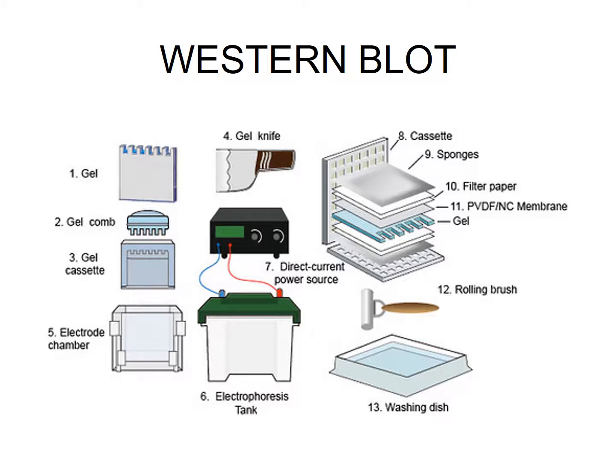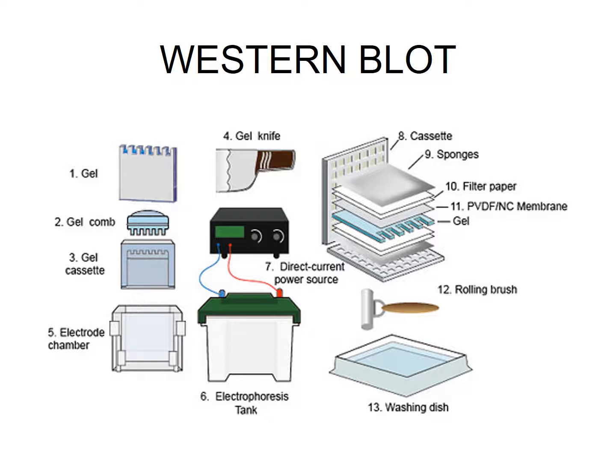Right on top of the gel is nitrocellulose, some type of nylon, or other membrane material cut to the same size as the gel slab. There are also some sponges that soak up the Tobin buffer, and this cassette is locked down.